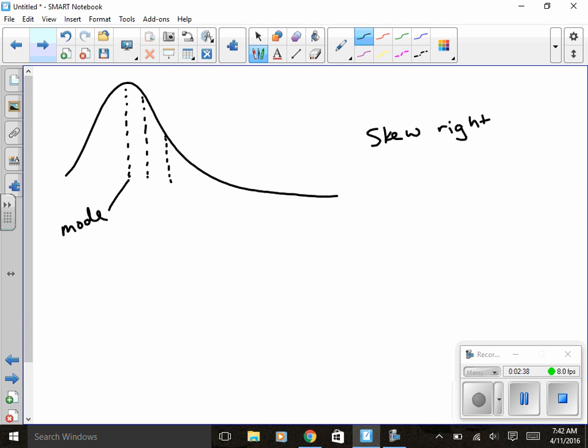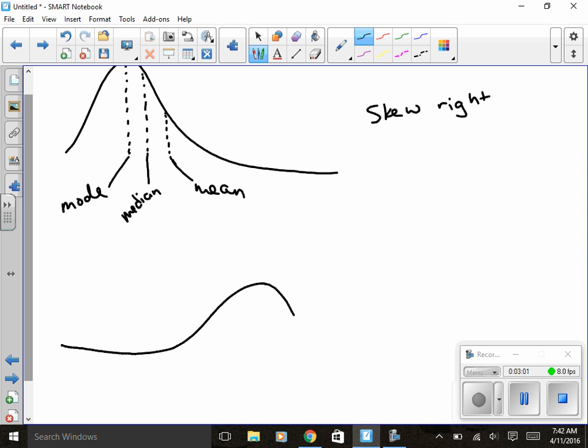And that makes sense, it's the most frequent number. The middle one is always going to be your median. And if your graph is skew right, the mean gets pulled towards that skew. So your mean is always the one closest out of the central tendencies. It's the closest to the skew.